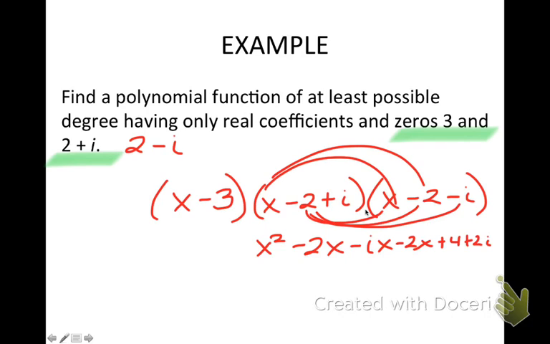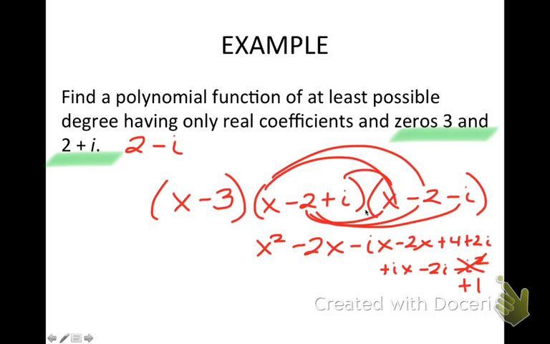Now I'll take the i to everything. Plus ix minus 2i, minus i squared, right? Wait, but then wouldn't that make it negative 1? Right, which would go to, well, it'd be minus a negative 1, so that would technically be a plus 1.